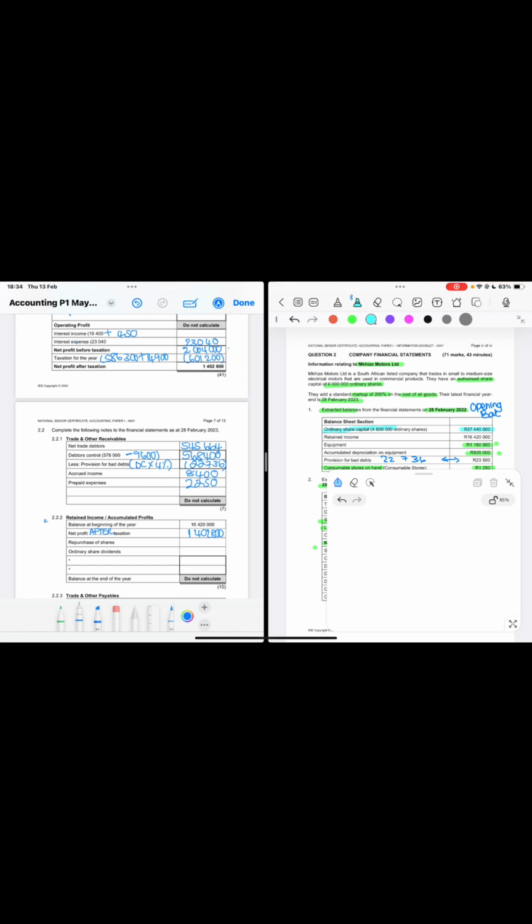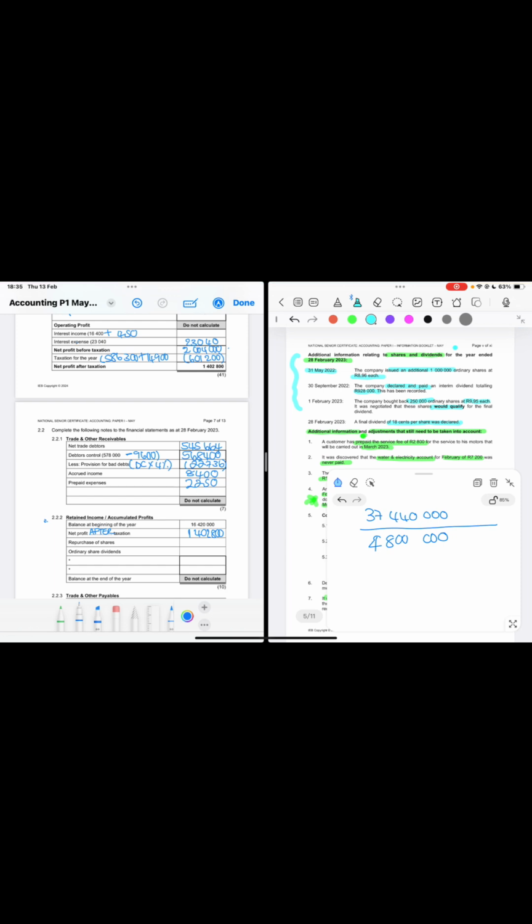So that will be 37,440,000 divided by 4,800,000. And then remember in our additional information, we're told the company issued an additional 1 million shares, and that was before the repurchase. So that will be affecting the average price as well, so we need to add that.